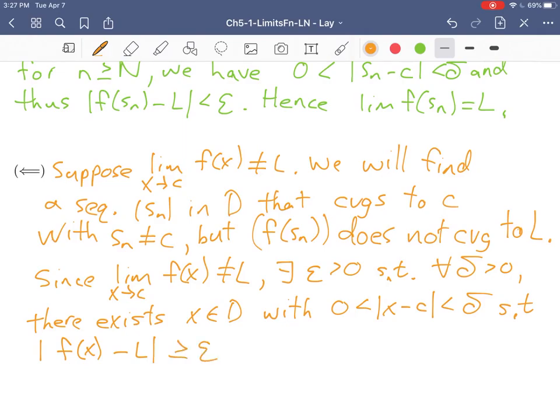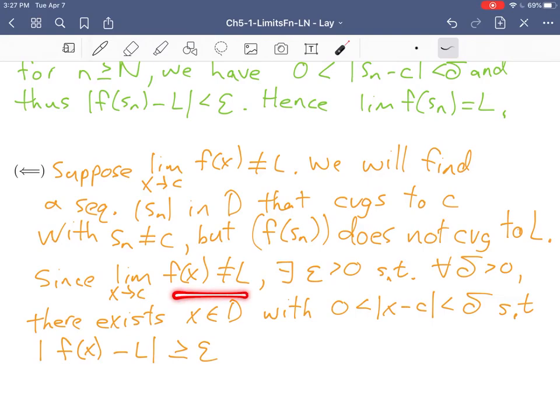So this might seem a little bit strange, but we're saying that this thing is not the limit. If it was the limit, then for every epsilon there would have to exist at least one delta that would make the opposite thing true.